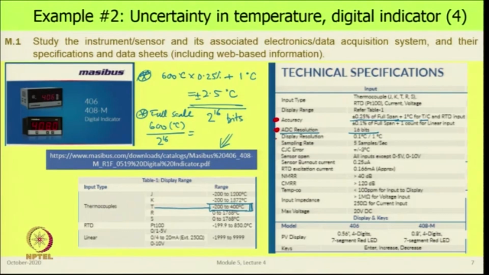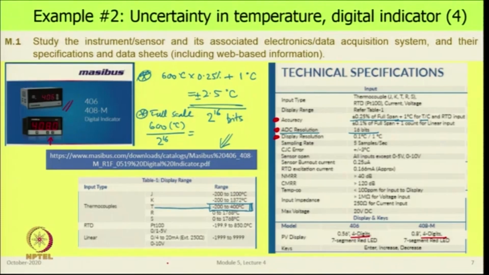It says display resolution 0.1 degree C / 1 degree Celsius. So, depending on where we are measuring the temperature, what we see here is 4 digits on the display, they have shown here. So, as you can see in this picture, the decimal is over here, in which case we are looking at display resolution of 0.1 degrees Celsius, whereas here we are looking at a display resolution of 1 degree Celsius.